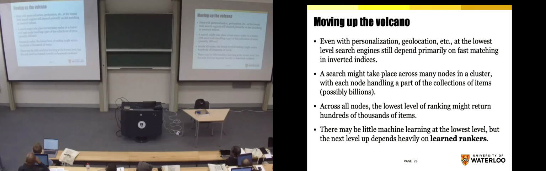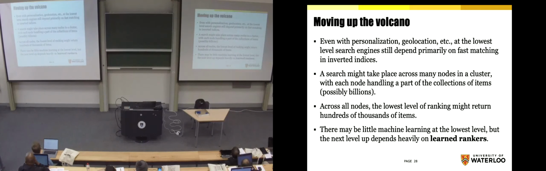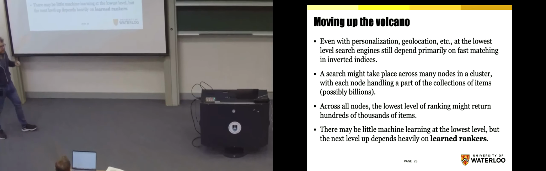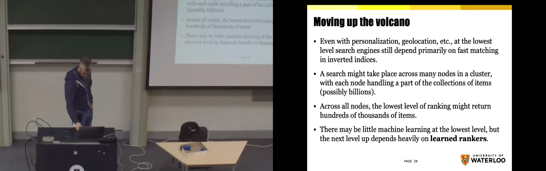Then as it comes up the volcano, the lava gets smaller and more focused, and we do more and more machine learning. At the lowest level, we have some kind of TF-IDF, and then as we go farther up, with some quality signals and other things, we depend more and more on machine learning and learned rankers, okay?